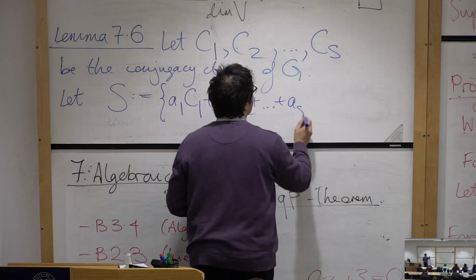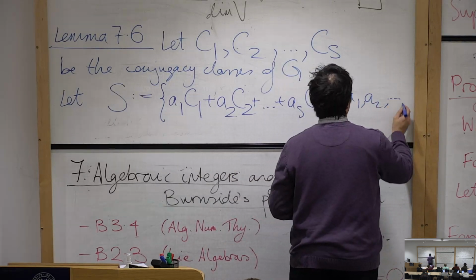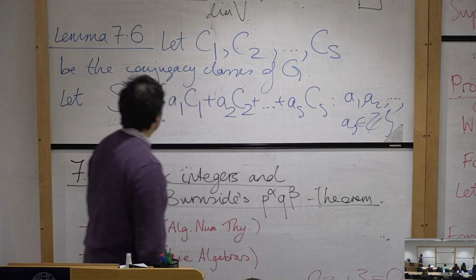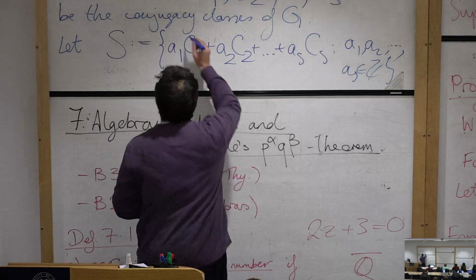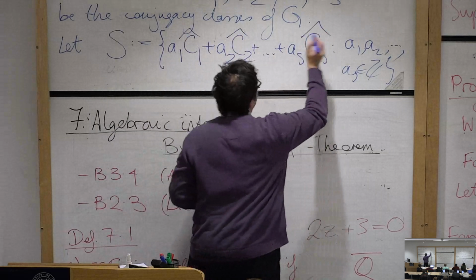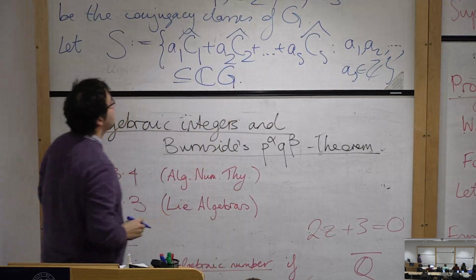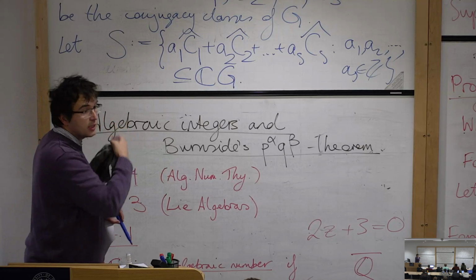It's what I said, but in formulas. Consider this additive subgroup of CG. This is a subset of CG. And the statement is that this is closed under multiplication.